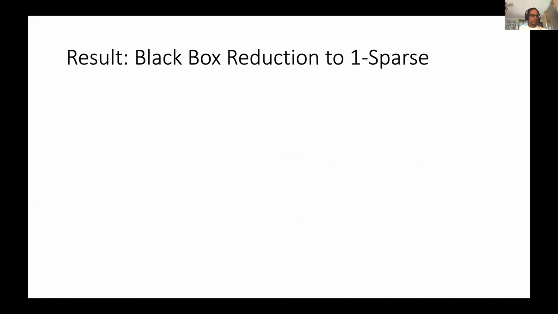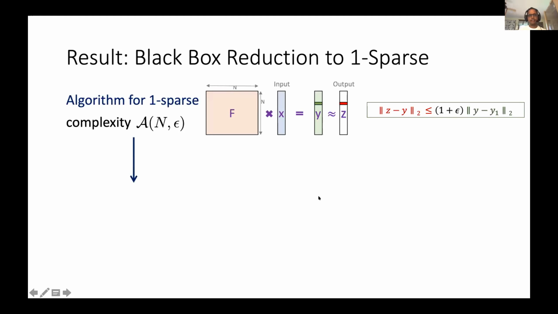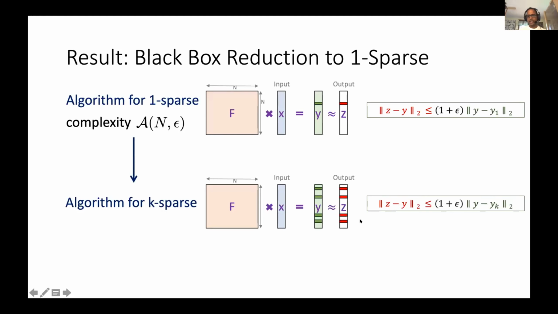More quantitatively, let's say I can solve the one-sparse problem in something like A times n over epsilon. Then what our reduction shows is you can do the k-sparse thing by multiplying it with a polynomial in k over epsilon factor, both in time and essentially query complexity. So you need this many calls to this black box, and the rest of the stuff that you do falls in this poly k over epsilon factor.